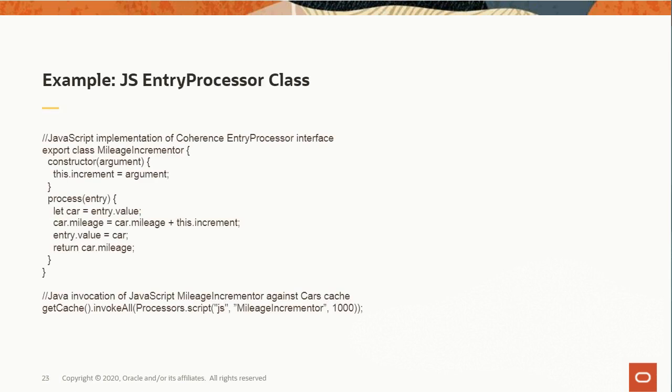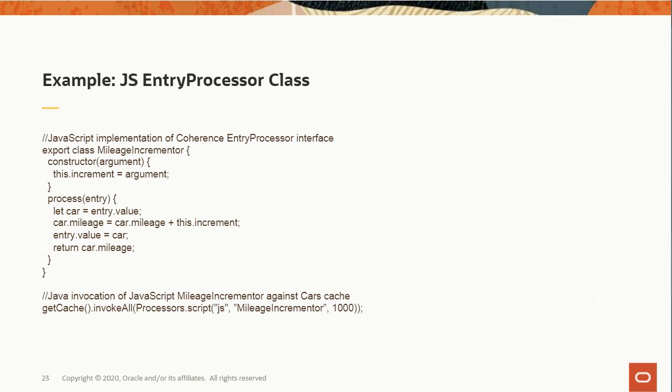Finally, I mentioned entry processors that do the in-place processing in a critical region. So here is a JavaScript entry processor that increments the mileage on a car. We have a JavaScript class called mileage incrementer. We can take a constructor argument, which is the amount by which to increment each car's mileage.